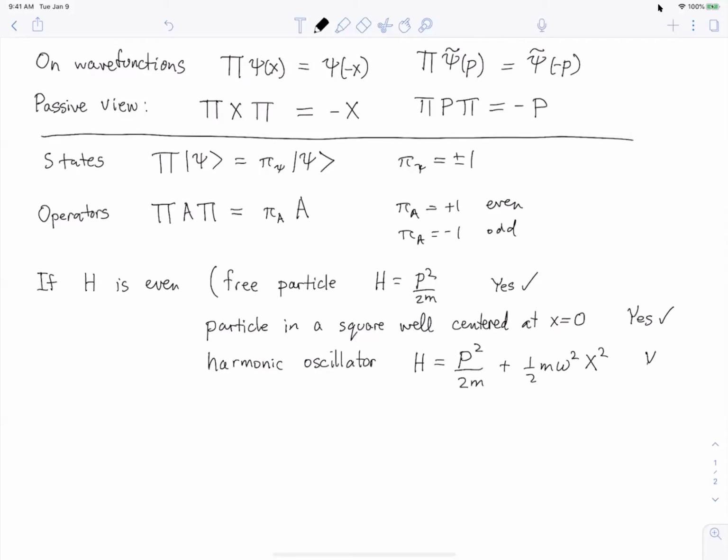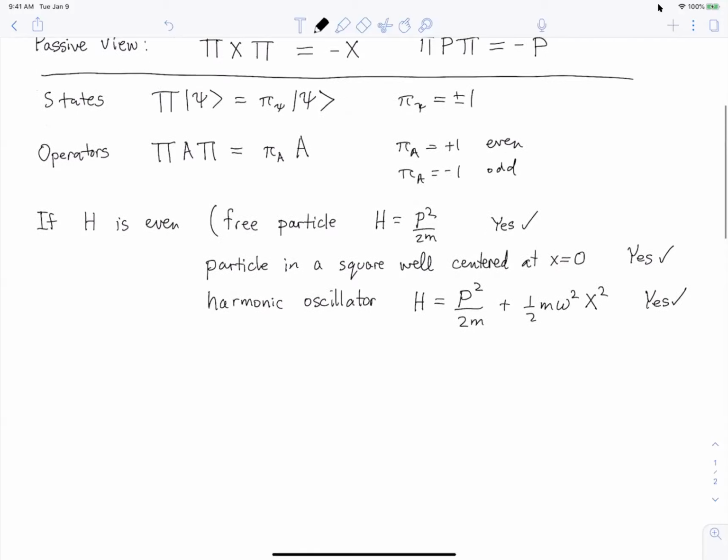So that would be an example, again, of invariant under parity. And here's one that wouldn't be: suppose I had p squared over 2m, so far so good, but then I had a term linear in x, and then maybe a term quadratic in x. Now the linear term in x spoils everything, and so this would not be invariant under parity.